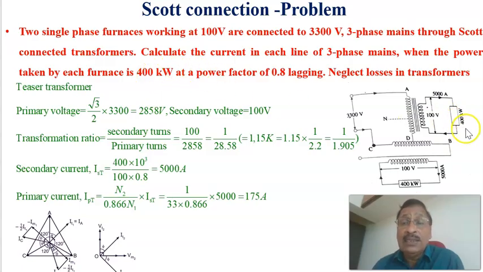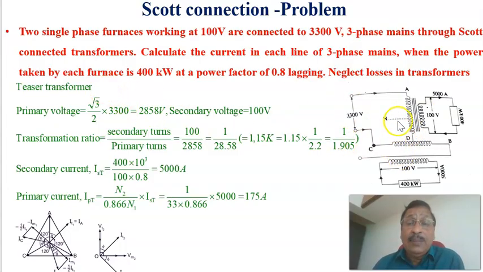The voltages are equal to 100 volt, here 100 volt, and the power is equal to 400 kilowatt, and the power factor is given as 0.8 lagging at this side. Now the question is, neglect the losses in the transformer. We have to calculate the line current at the input side.